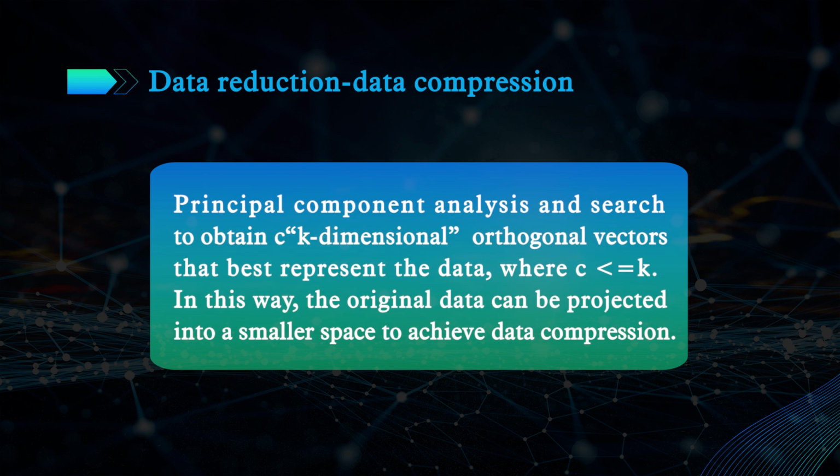Principal component analysis searches to obtain c k-dimensional orthogonal vectors that best represent the data, where c is less than or equal to k. In this way, the original data can be projected into a smaller space to achieve data compression.